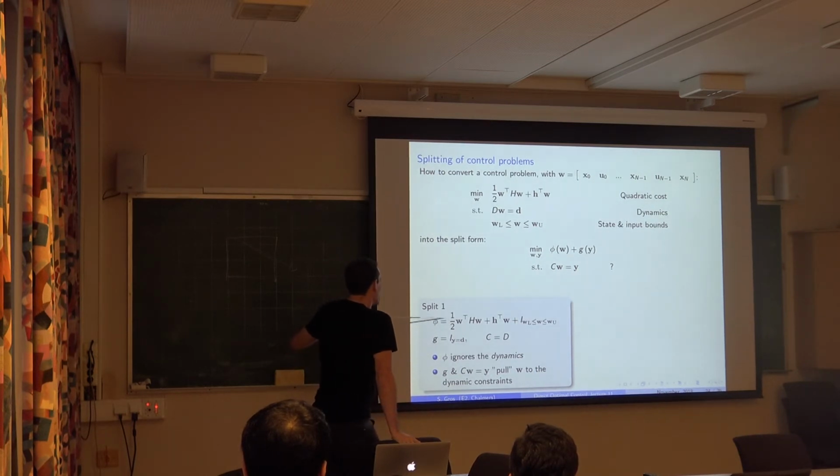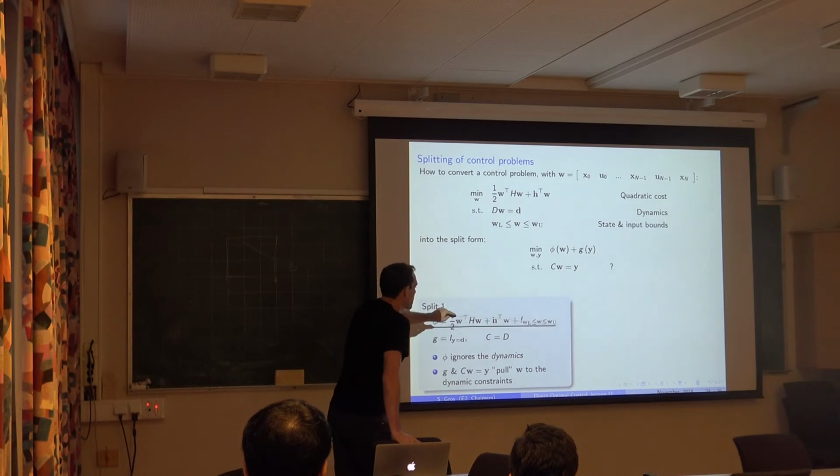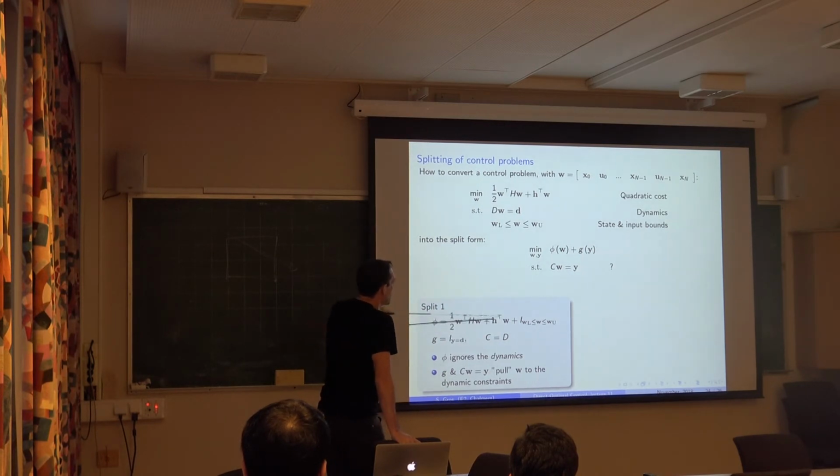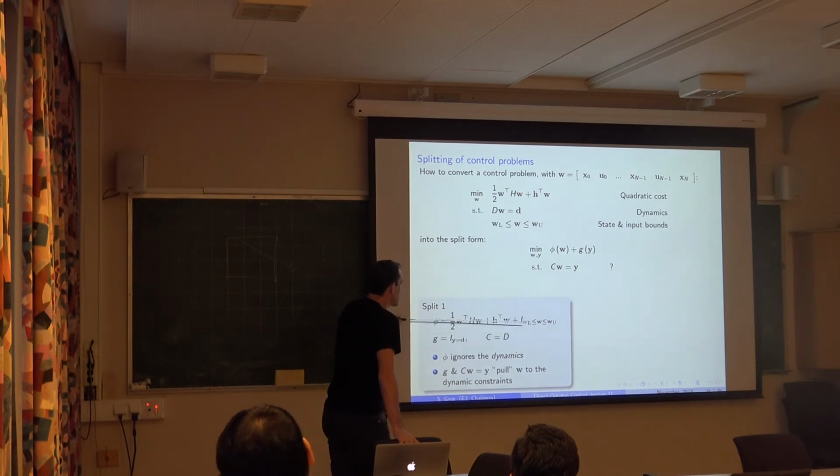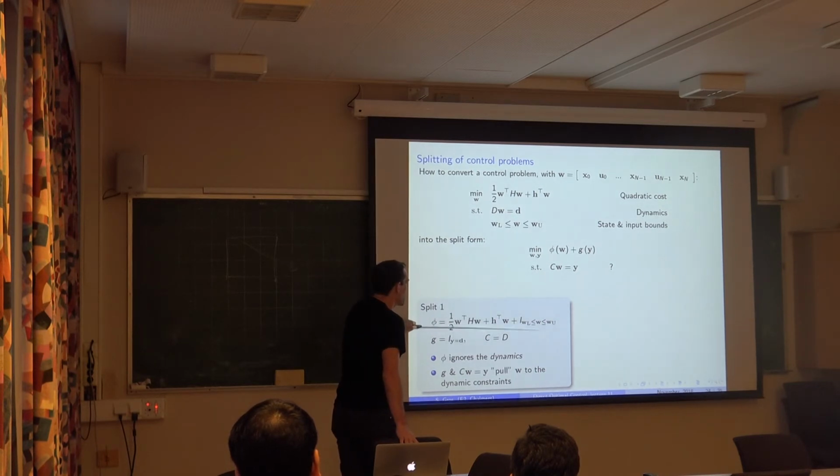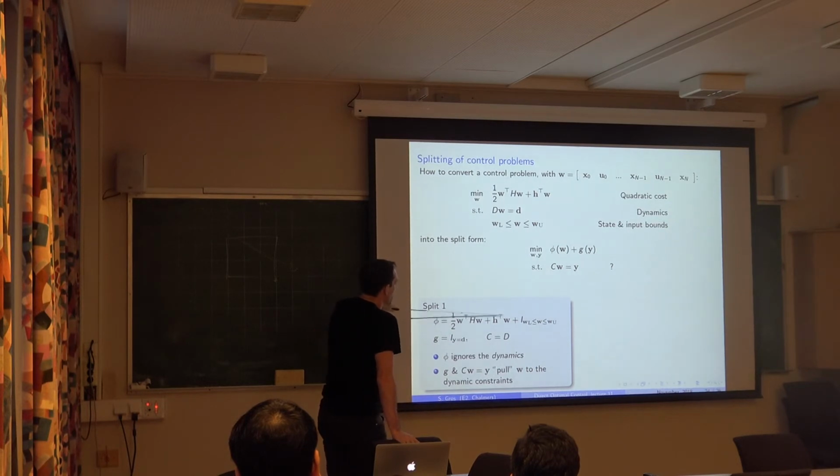So you create one function that cares about the cost and staying within the bounds. So this phi function will basically ignore the dynamics. It will ignore that constraint. And you can view this part alone as a QP with quadratic costs and some bounds. And that's typically easy to solve.